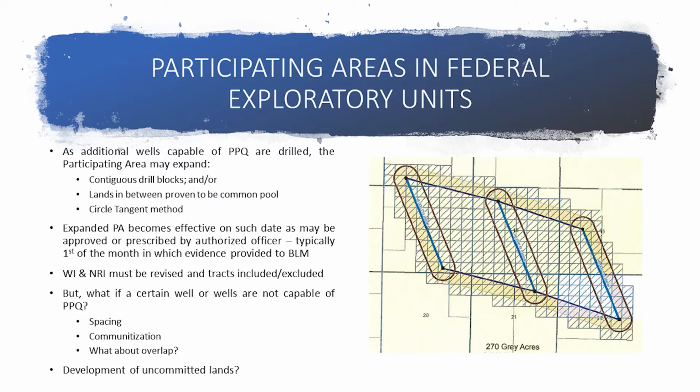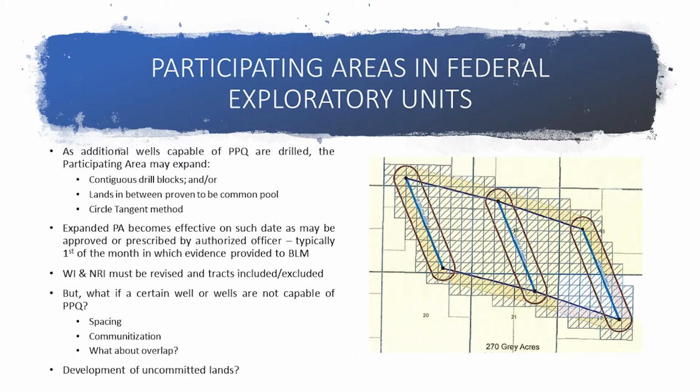And I put a question here about overlap. This is kind of its own discussion, but let's just say you've submitted for a 745-foot circle tangent around your well, and as your understanding of the reservoir progresses, as you learn more about the reservoir, all of a sudden you see that you need 3,000-foot spacing between wells because you're overproducing the reservoir. There's communication between the wells.